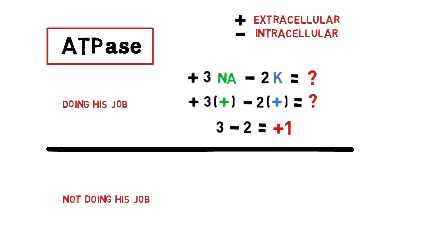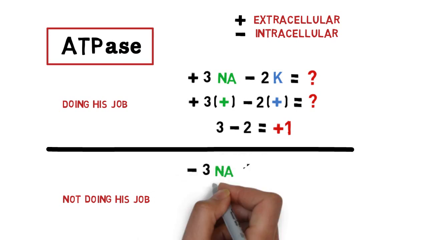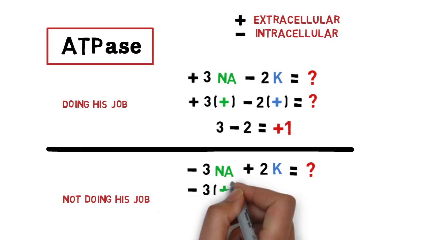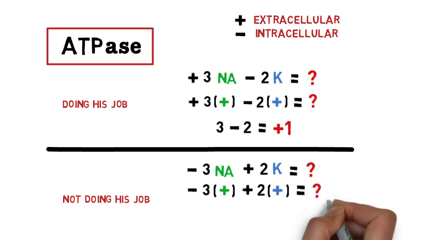That is not surprising because we know that our cells are negatively charged. Now, if he does not do his work, simple logic would tell us the reverse would happen, right? So 3 sodium will not be able to go out, they stay intracellular, and 2 potassium not going in stay extracellular. Replace them with charges because that's what matters to us.